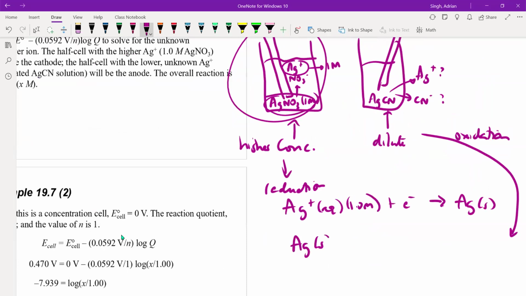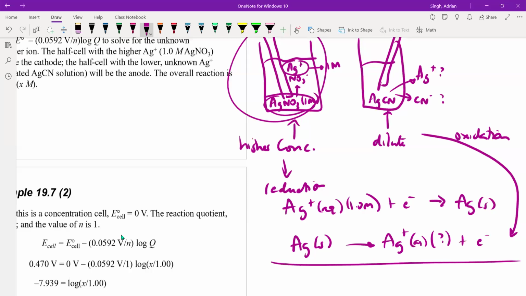Then in the dilute example, we would have oxidation occurring, Ag plus aq. We don't know what that concentration is, plus an electron. So we add these together. Again, we have our Ag plus aq 1 molar becoming Ag plus aq, and we don't know what this concentration is.